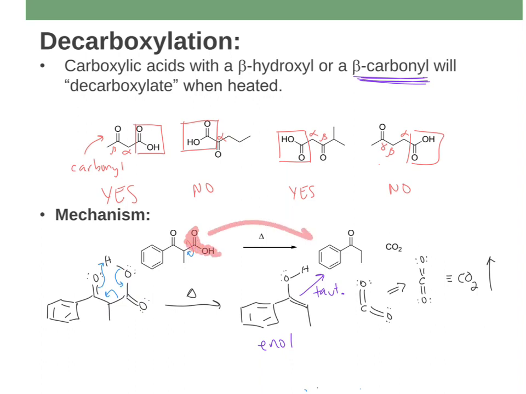Gone. That's what's going to give you that product over there. Now, it's not that the whole thing is gone because that H took the place in that alpha spot. So the H stays more or less, but just a carbon and 2 oxygens go away. It's carbon dioxide. And that's the mechanism. It's a one-step electrocyclic reaction, and then you have a tautomerization.